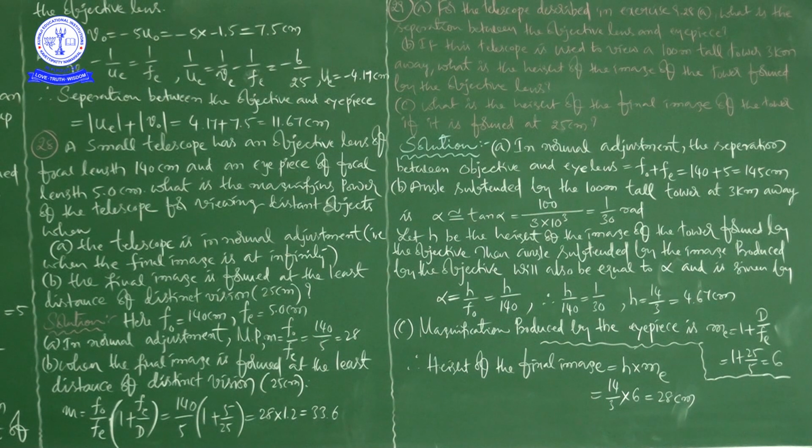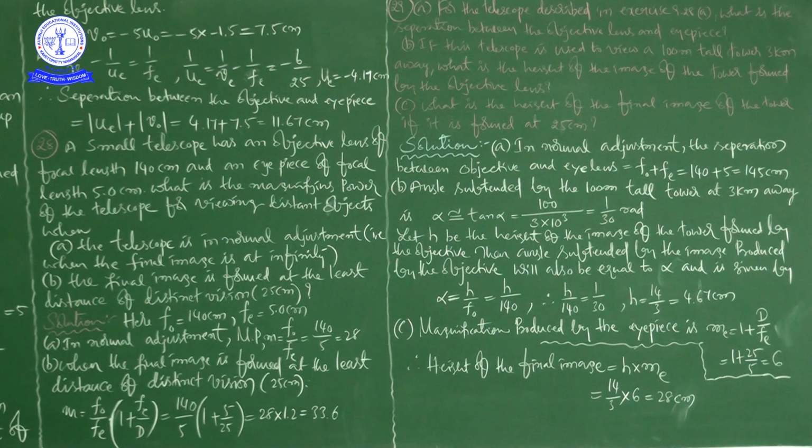The f naught value is 140, so h by 140, and here we want h. The alpha value we also know, that is 1 by 30. So h by 140 is equal to 1 by 30, so that h is equal to 140 by 30, the zeros get cancelled, and h is equal to 14 by 3.